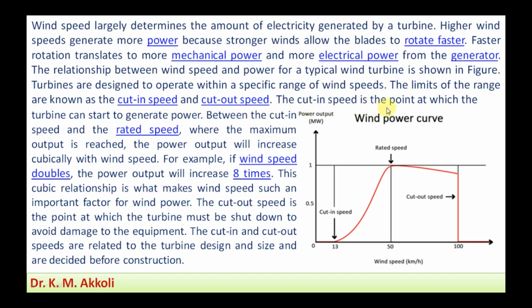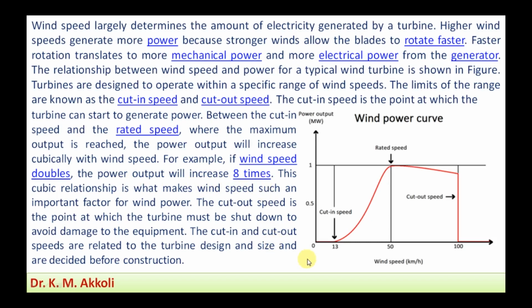The cut-in speed is the point at which the turbine can start to generate power, at which power generation starts. Between the cut-in speed and the rated speed, where the maximum power is reached, the power output increases cubically with the speed. For example, if wind speed doubles, the power output will increase 8 times.